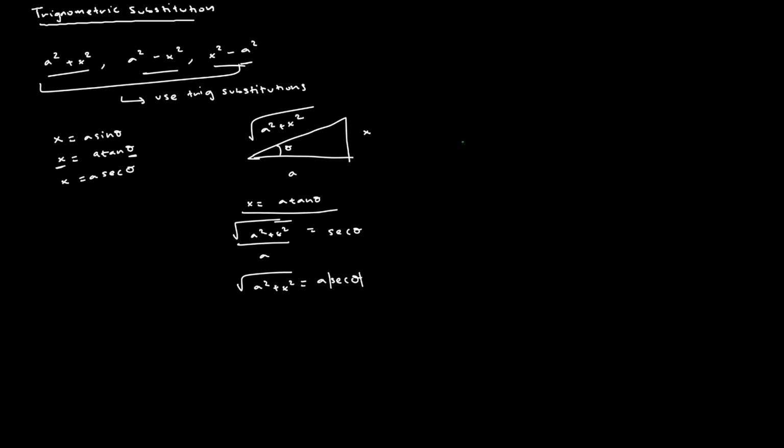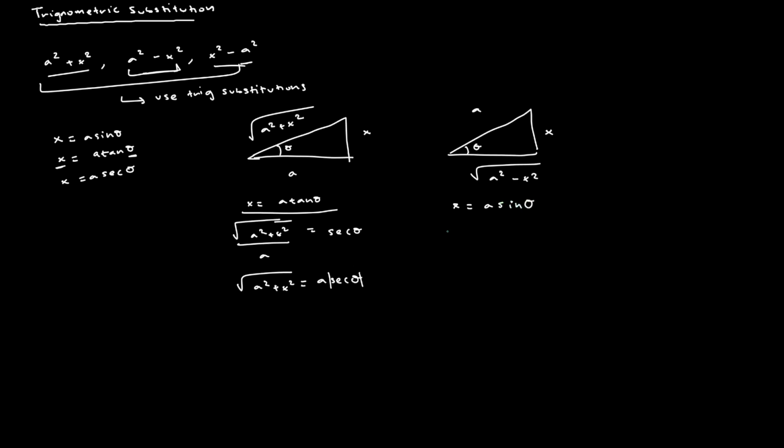Similarly, for our other substitutions, let's draw our handy right triangle. We have theta like this. If this is x, this is a. Now, this length over here is simply the square root of a squared minus x squared. So this is the second case that I defined over here. Now our substitution is x is equal to a times opposite over hypotenuse, which is sine. So this is just a sine theta.